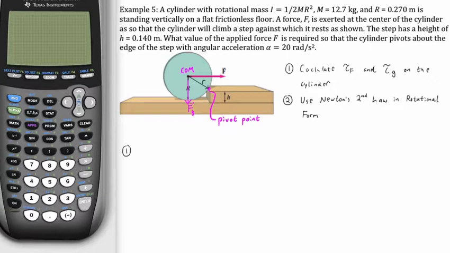So let's start with the torque done by the unnamed force, the pulling force. That is going to be F times R times sine of the angle between R and F.